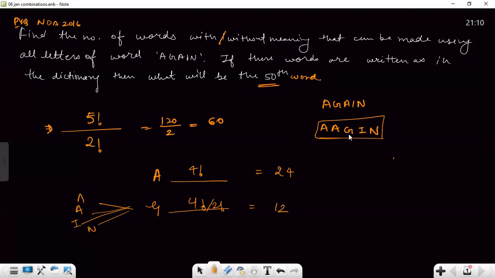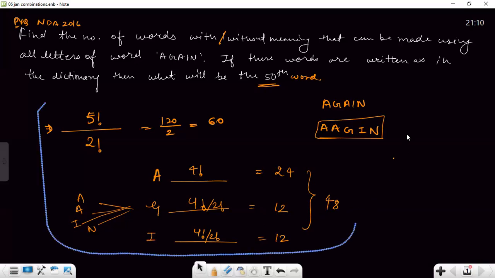So let's continue. After G comes I. Again, 4 places with 4 letters, but with A being repeated twice. Again 12. So 24 plus 24, we have skipped 48 words till now. Okay.